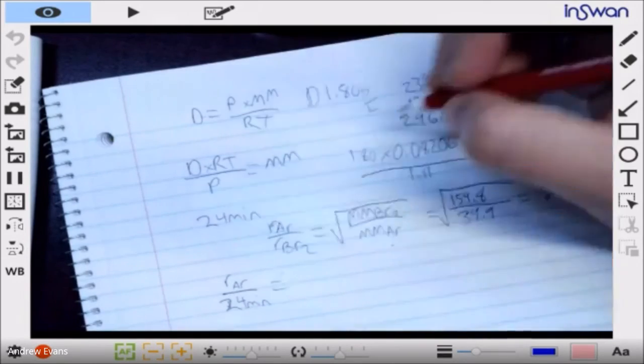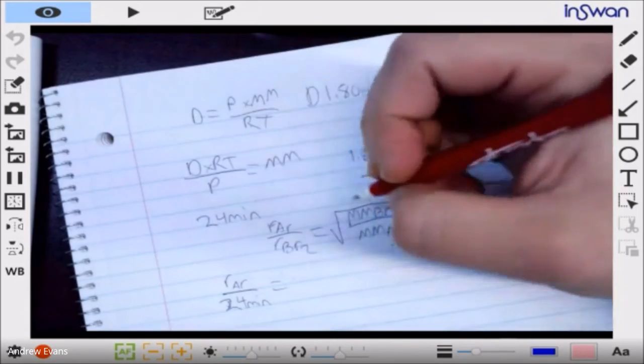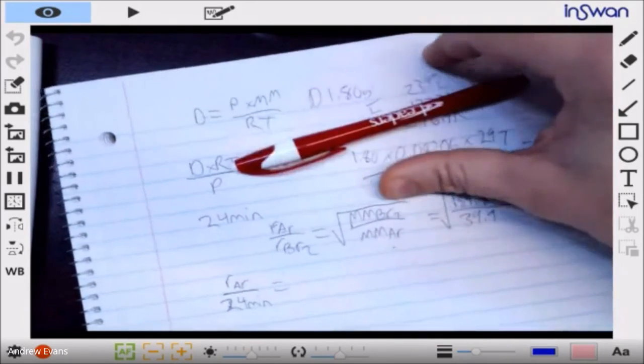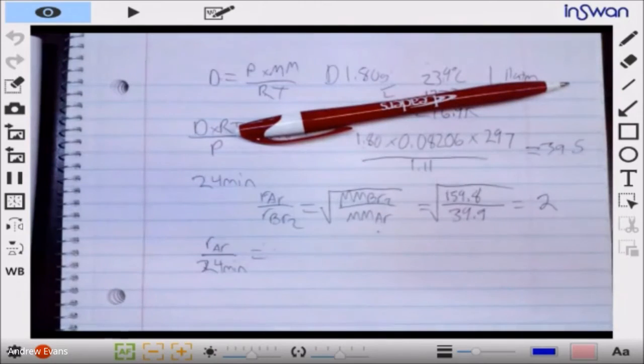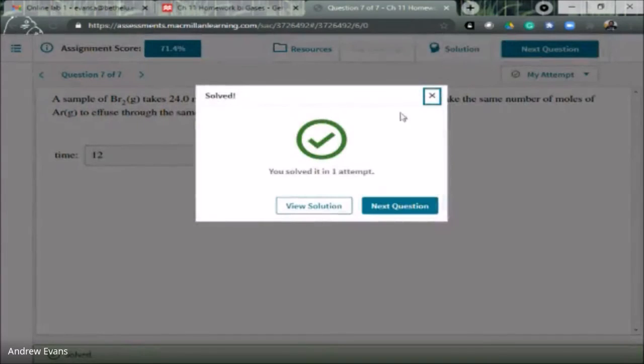So if that's the case, then it will take argon 12 minutes to diffuse through that. So we have to think through what we're actually trying to say. The rate of diffusion, because argon is a lighter gas, will go twice as fast. So if it took 24 minutes before, it will take 12 minutes for argon. It's not going to take 48. It's going to take 12.